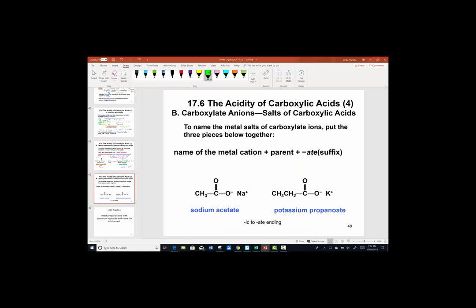So these carboxylic acids undergo a neutralization with a base, producing a salt and a water. And part of our learning goal is to name the salts.